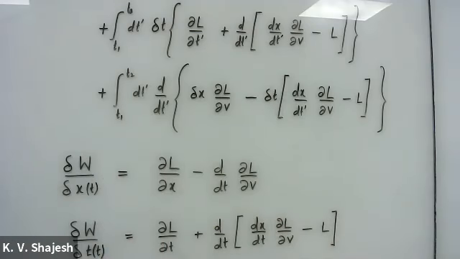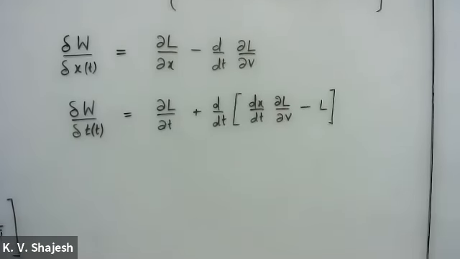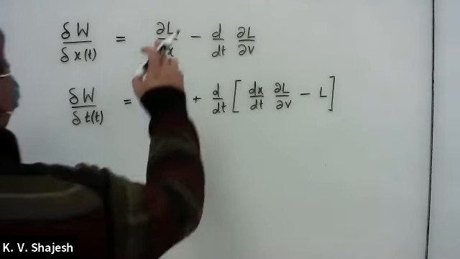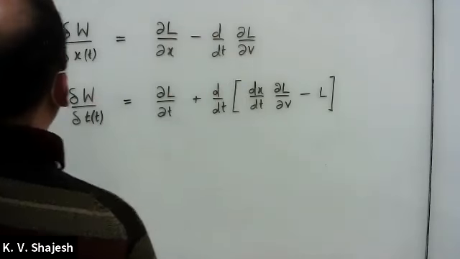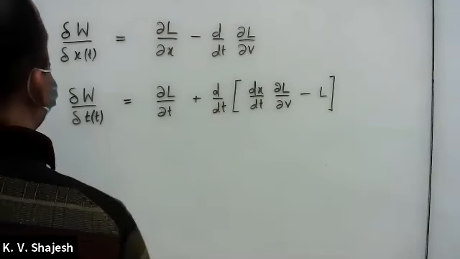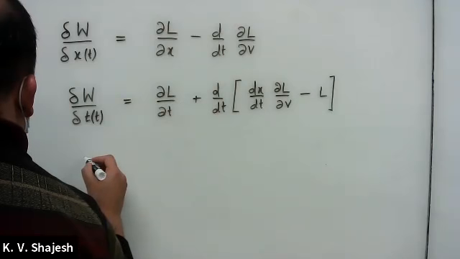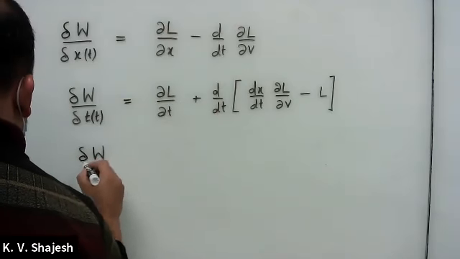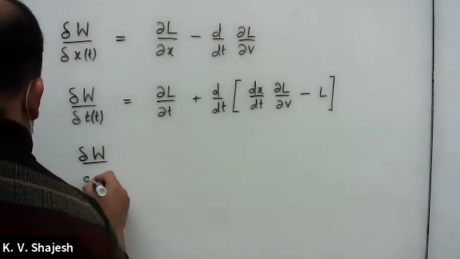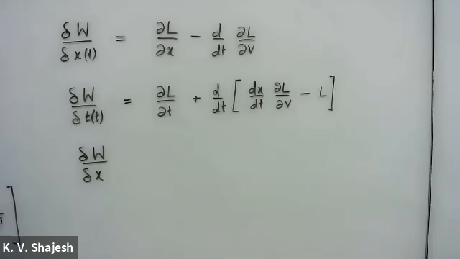And finally, the last one is the interesting one. This is not the variation at an arbitrary point, but you can write it in the following way. Since it is only at the boundary that it is showing up, this is the change in the action due to the change in x at the boundary.